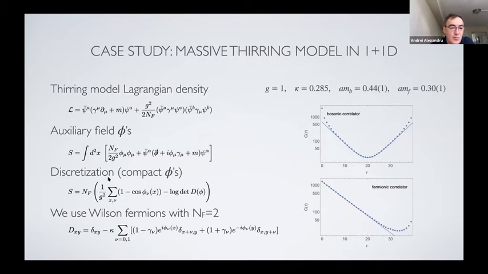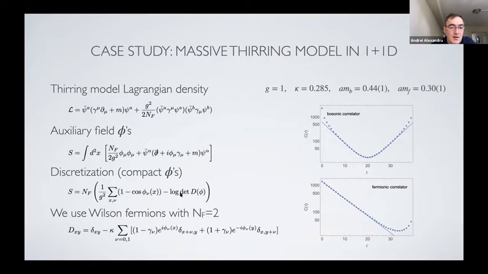So we're going to end up with a pure bosonic piece of the action, which involves only the auxiliary field, and there is a fermionic piece that involves the determinant of the fermions. To be specific, we use this particular discretization where the field phi is actually compact. The reason we use compact fields is mostly historical. We're more familiar with using compact fields from our studies of contour deformation in the context of this model.